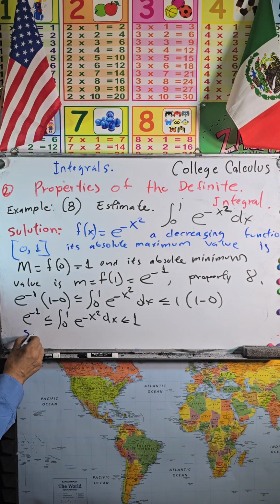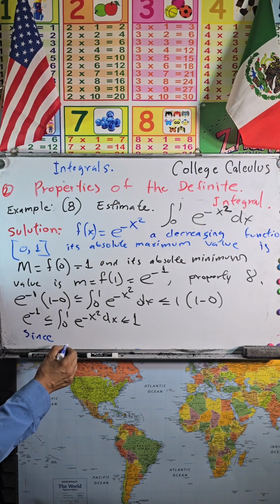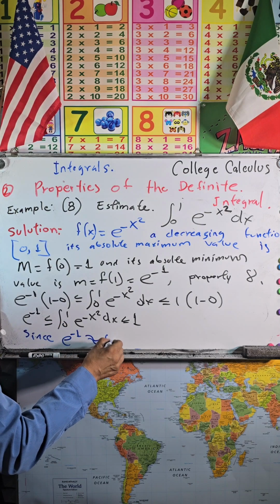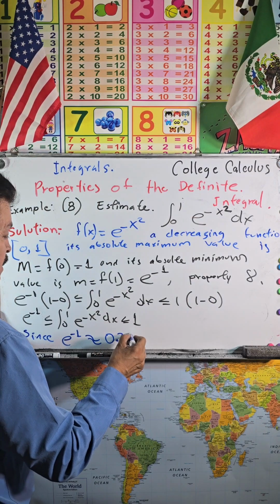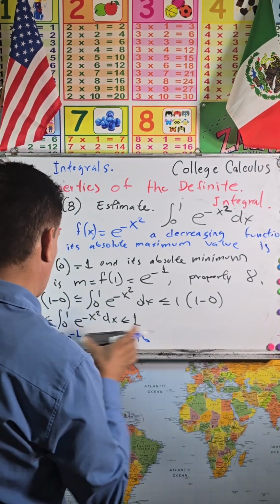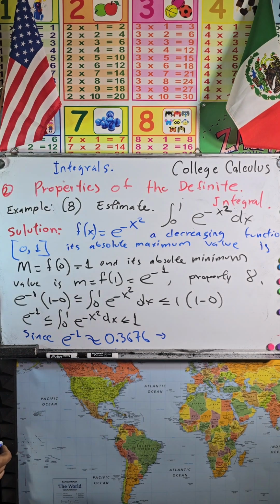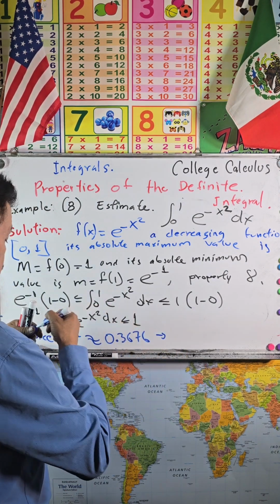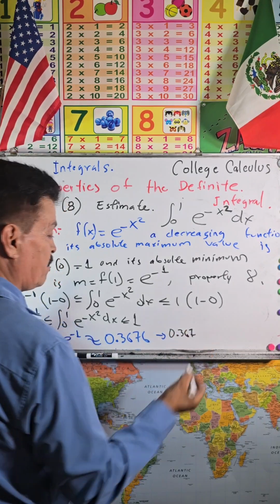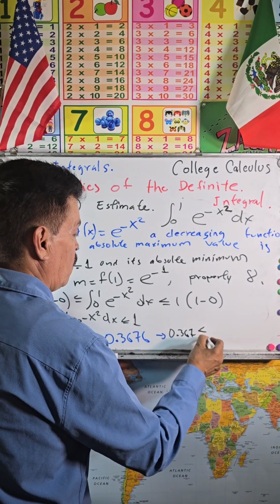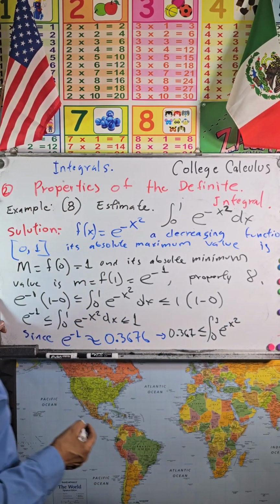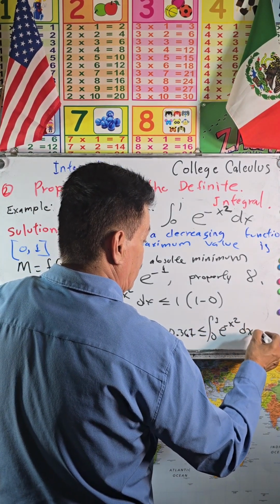Since e to the negative 1 is 0.3676, we can write 0.367 less or equal than the integral from 0 to 1, this is in a way our conclusion, of e to the negative x squared differential of x, less or equal than 1.